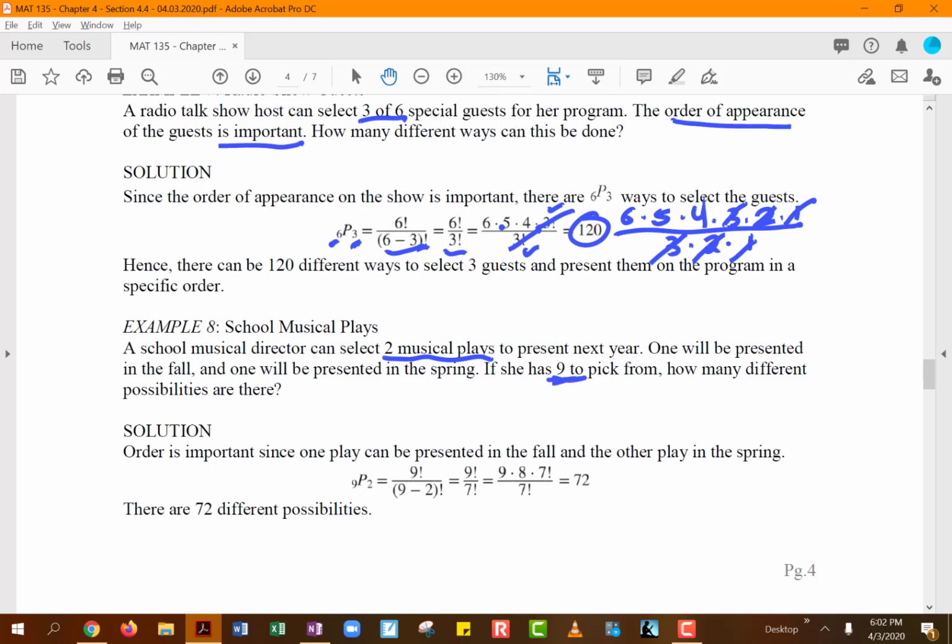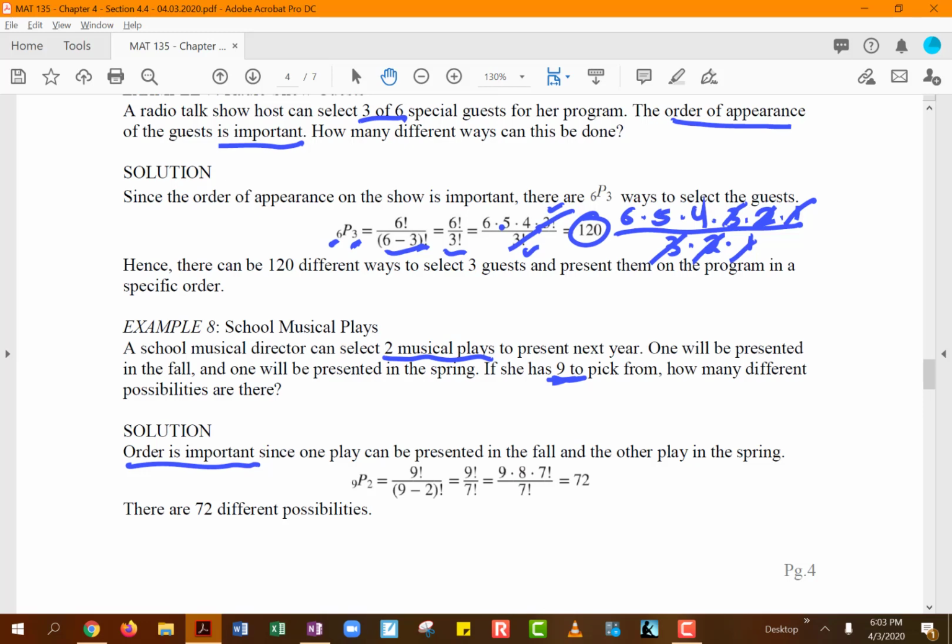In the example itself, they're not saying order is important, but since one play she's going to put up in the fall semester and one in the spring semester, of course that means order is going to be important, and that means we are using a permutation calculation again. So out of 9 total possible musical plays, she's going to be choosing 2.